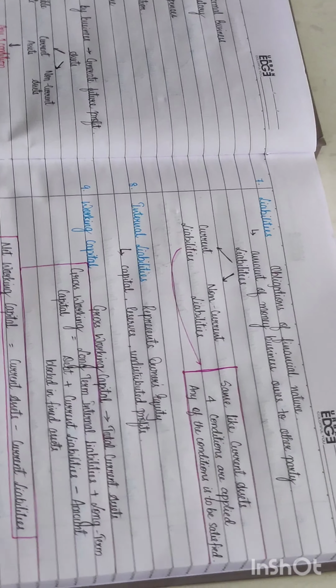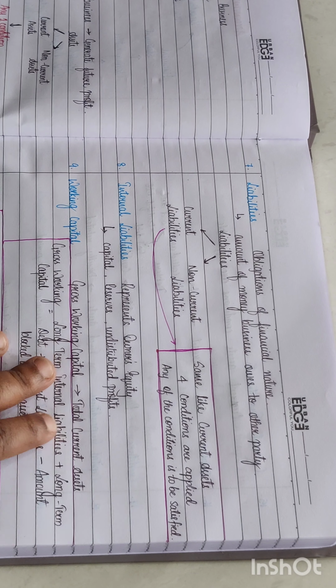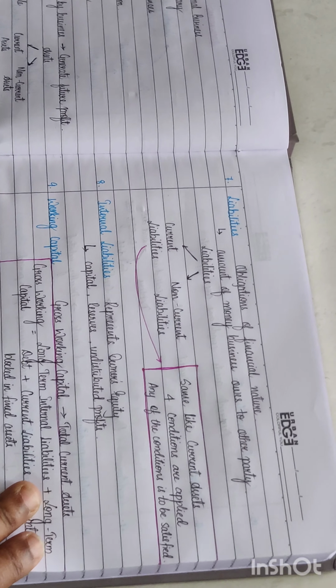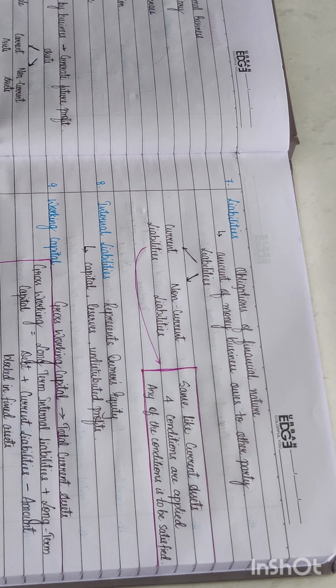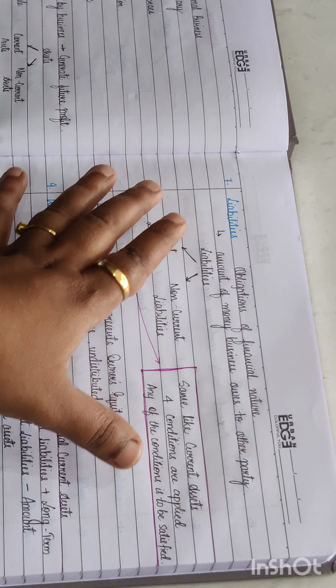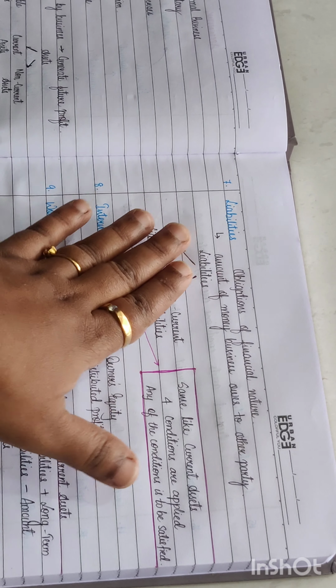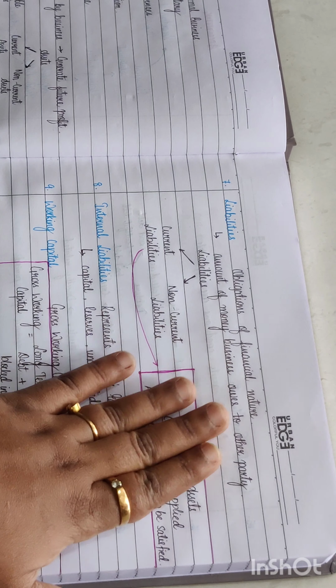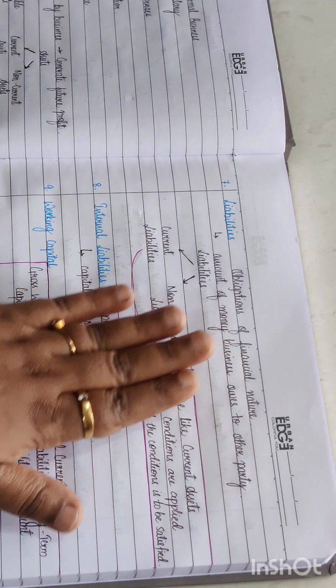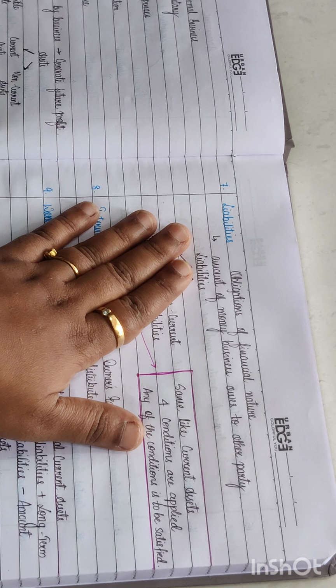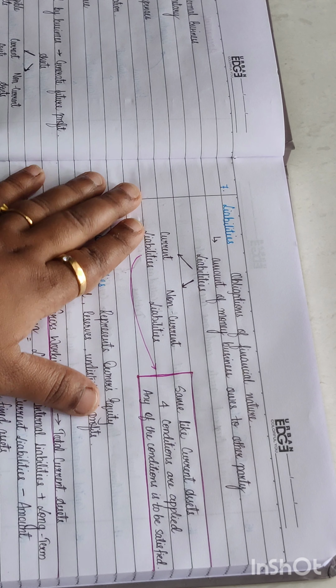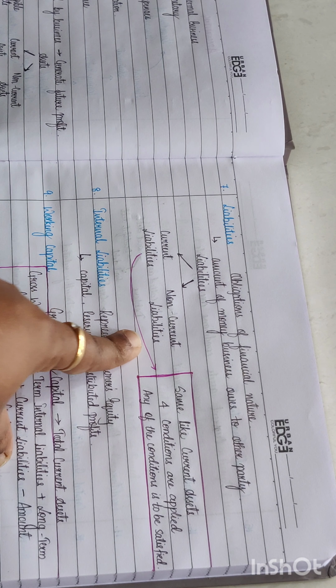So next comes liabilities. Liabilities are nothing but obligations of a financial nature. What the business owes, the amount of money the business owes to other parties. In liabilities also there are current liabilities and non-current liabilities.